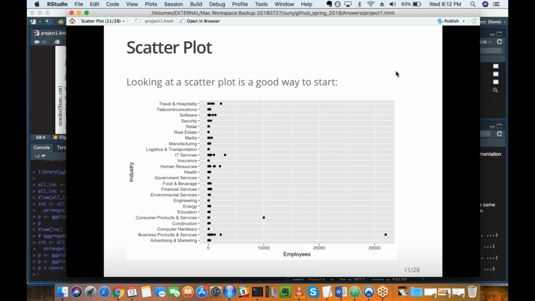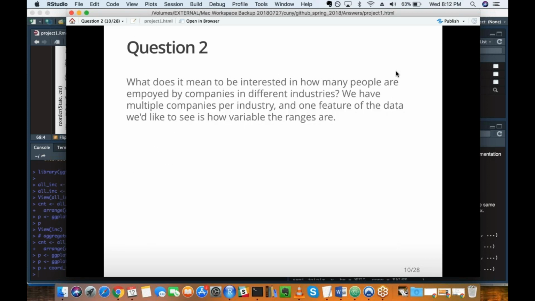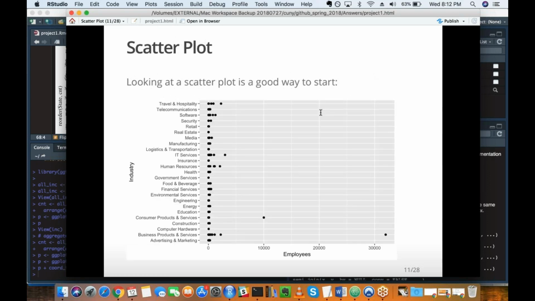But starting out, when we have this sort of data where we have data by industry, but we're looking at company-level records, a scatter plot is a good way to get an initial feel for the data. So as a first step in exploratory visualization, this is always a good step. And one thing we see right off the bat is that it does appear we have an outlier problem.